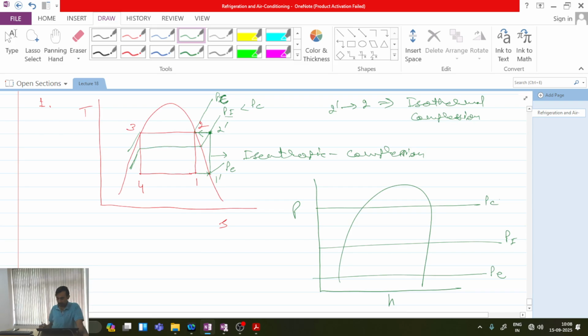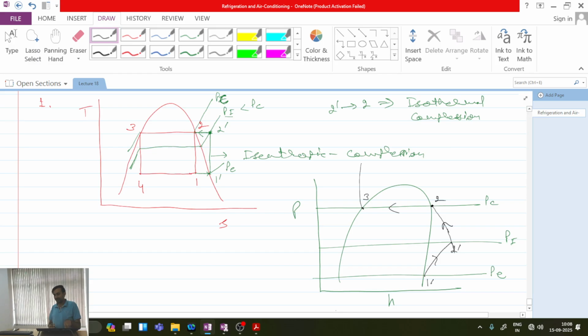Now 1 dash to 2 dash is this. Now 2 dash to 2 is which process? Constant temperature process. On a pH diagram, a constant temperature line appears something like this. So this is constant temperature, 2 dash to 2. Then 2 to 3 as usual.